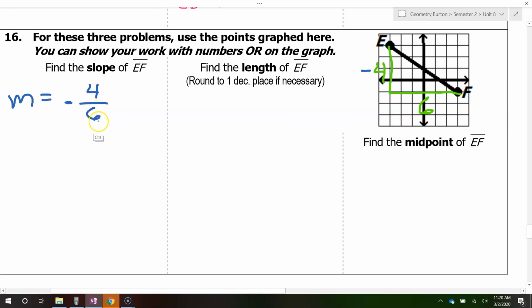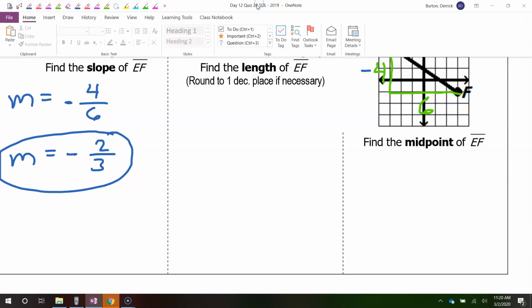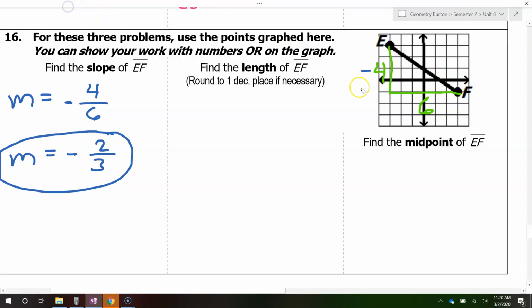Either way, you get negative 4 over 6, but we should reduce this, so this will reduce to negative 2 over 3. So that's the slope.